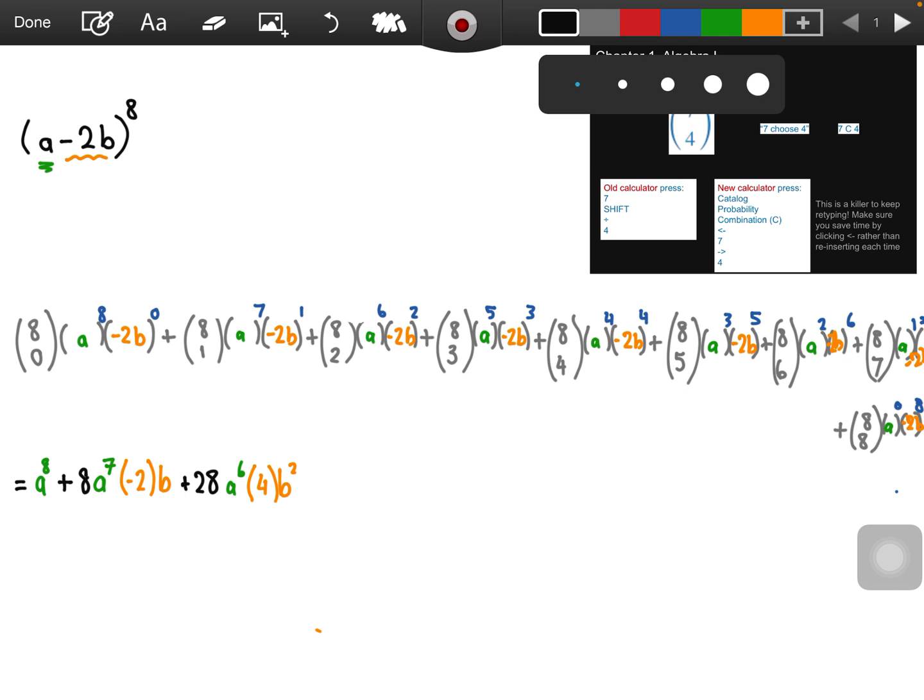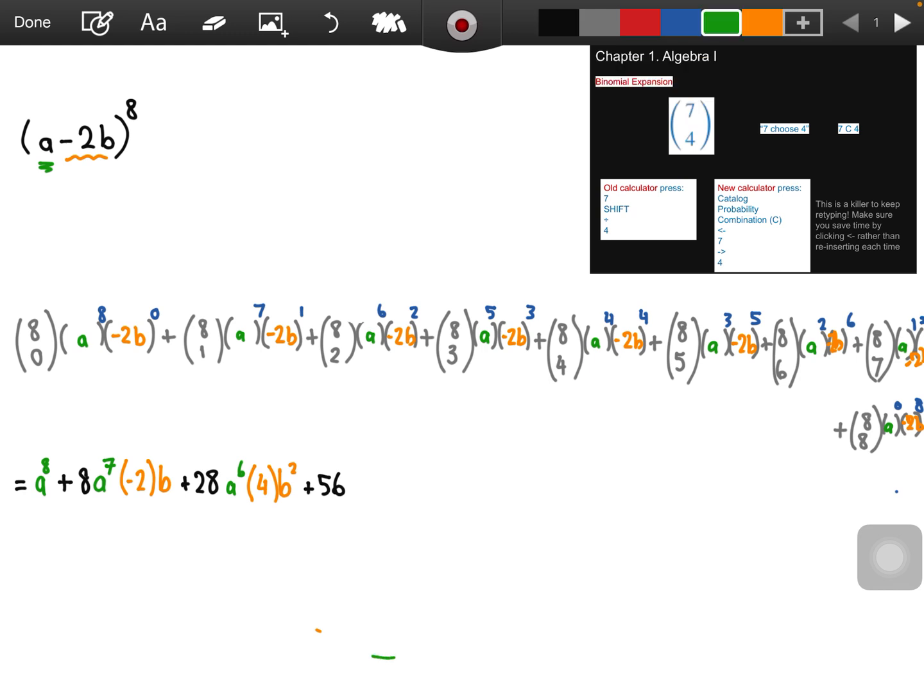Next one, 8 choose 3 is 56. My a to the power of 5. And then my b. I have a minus 2 to the power of 3, so that's a minus 8.